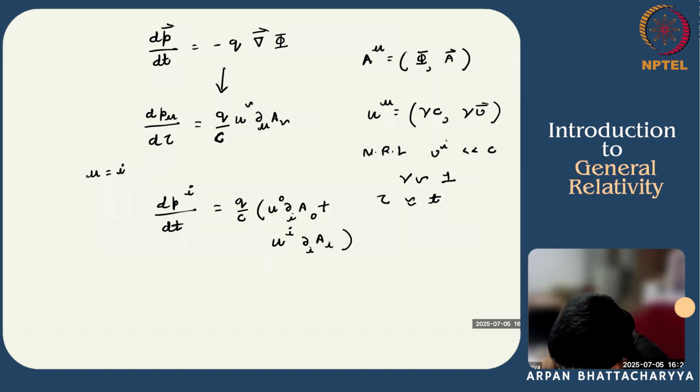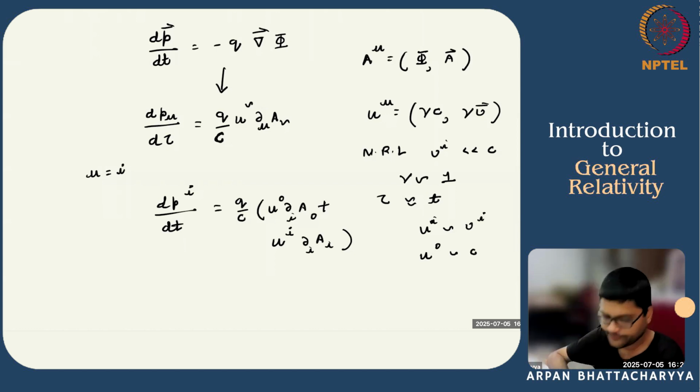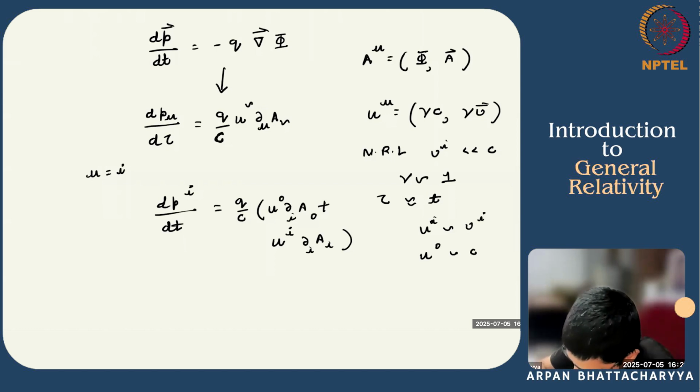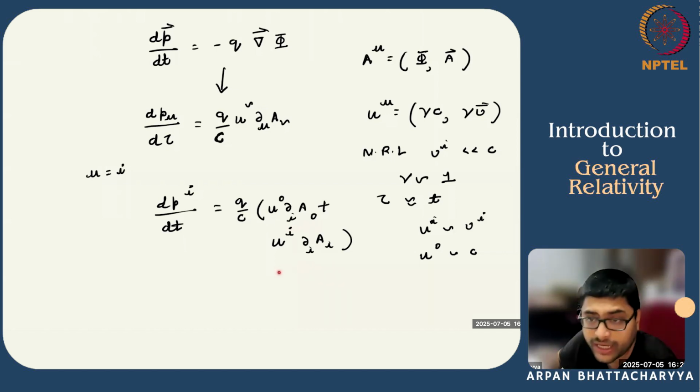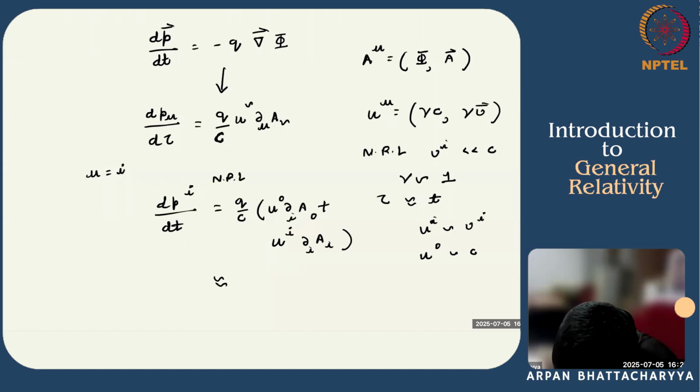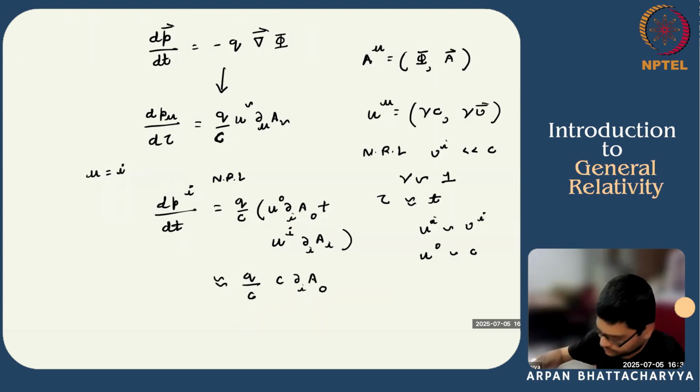But now u j is basically v j, and u0 is basically c in the non-relativistic limit. So u0 is the dominant term, and this other term we can neglect in the non-relativistic limit. So we have q by c, and u0 is basically c.